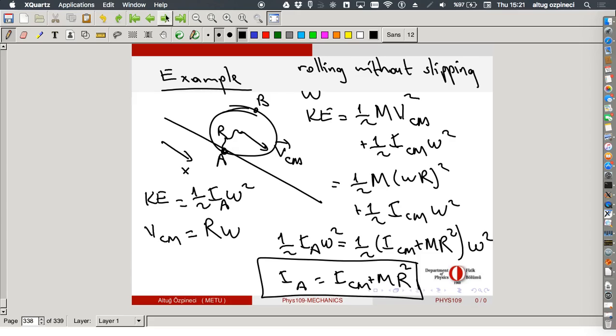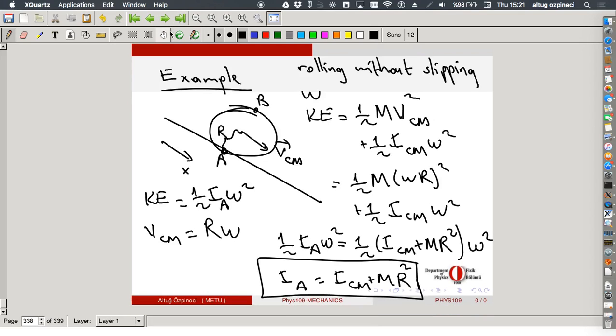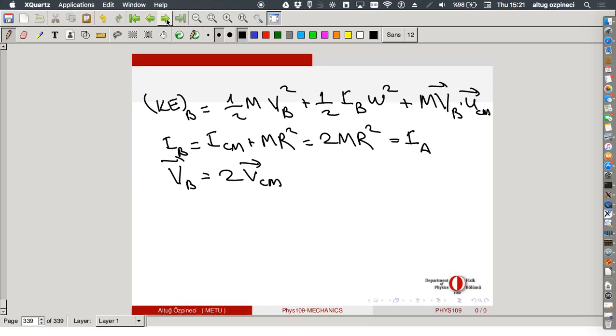X-axis is down the incline. So my point B is moving down the incline with velocity 2 v center of mass. Point A is 0. Point B will be twice the velocity of the center of mass relative to our inertial reference frame, by the way.